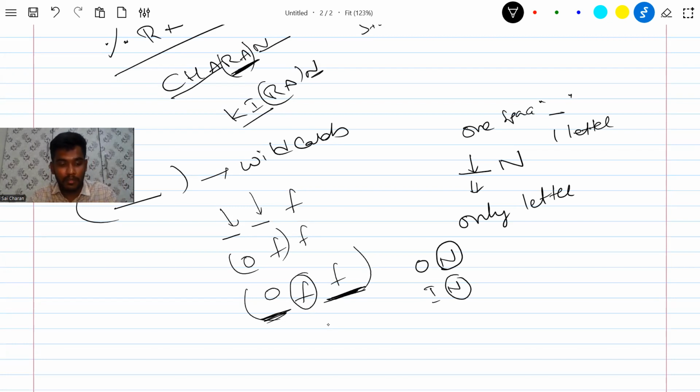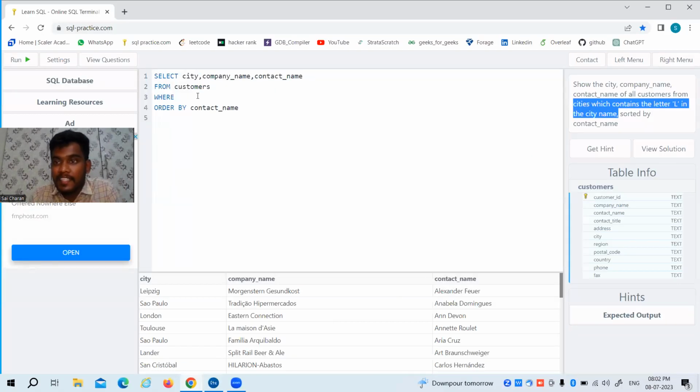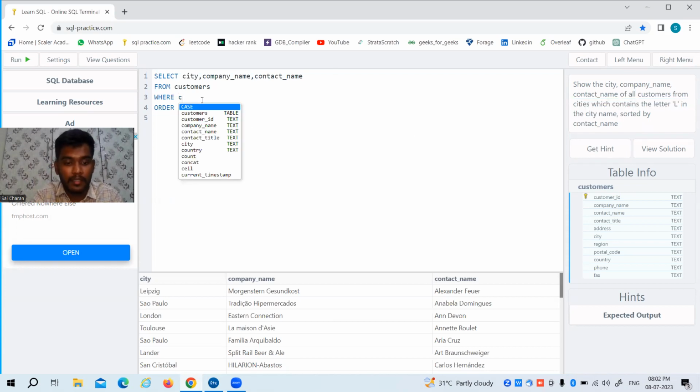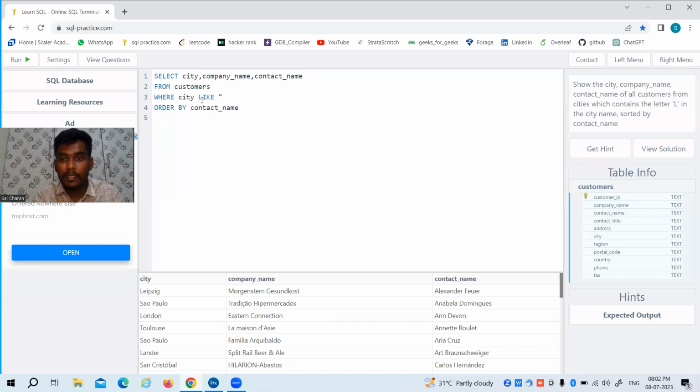Let us try to solve the question they gave us. The city name must contain the letter L. So: where city like, in quotations, percentage L percentage. It should have L in the city name, and there could be some text before and after it.